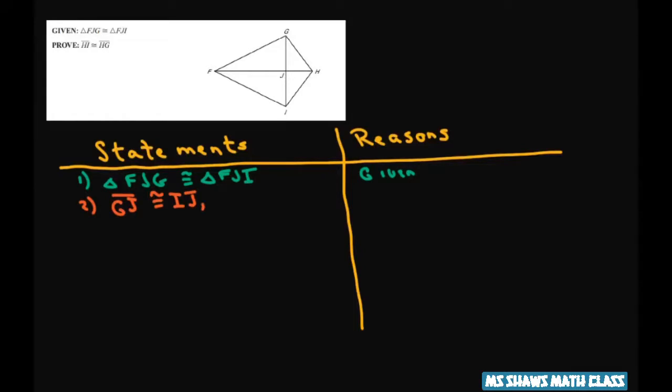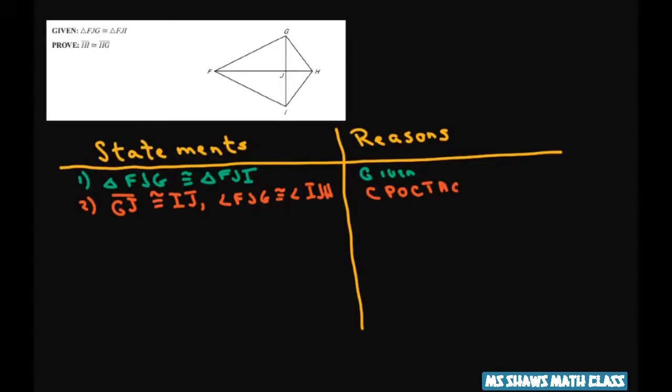We also know that angle FJG is congruent to angle IJH, and also angle, well, let's just do that one first. Okay, so that is going to be because corresponding parts of congruent triangles are congruent.